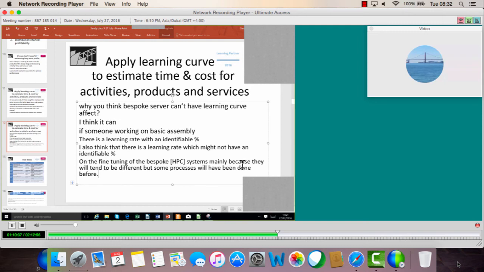So it's not the same precise rate, but yes, I do think so. So if I had led you to think that there wouldn't be a learning curve, then I hope I've addressed that, and that you can see that there would be.